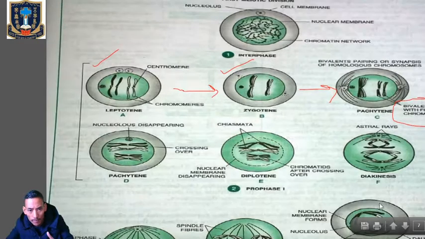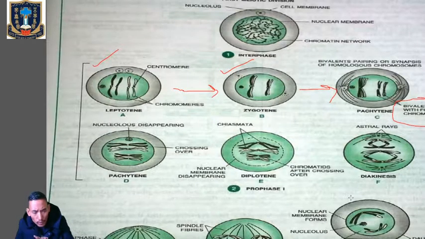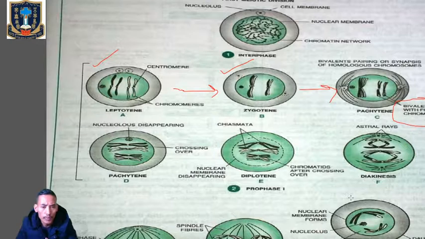So let's check it out. Then note down the site at which the crossing over occurs between the non-sister chromatids of the homologous chromosomes. Now where does this crossing over occur? It occurs between the non-sister chromatids and is mainly seen by the appearance of recombination nodules.